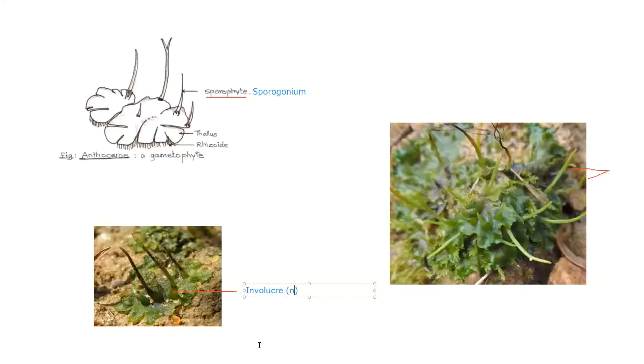We have already mentioned in the classification of bryophytes that we have three different groups. Number one, we have Hepaticae, now referred to as Hepaticopsida, commonly known as liverworts, example Riccia. Second group is called Anthocerotopsida, earlier known as Anthocerotae, and the example is Anthoceros, commonly known as hornworts.